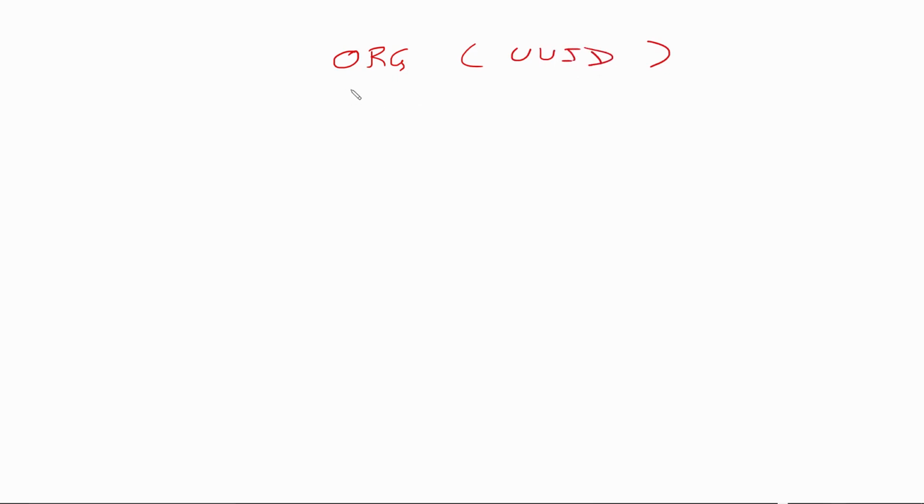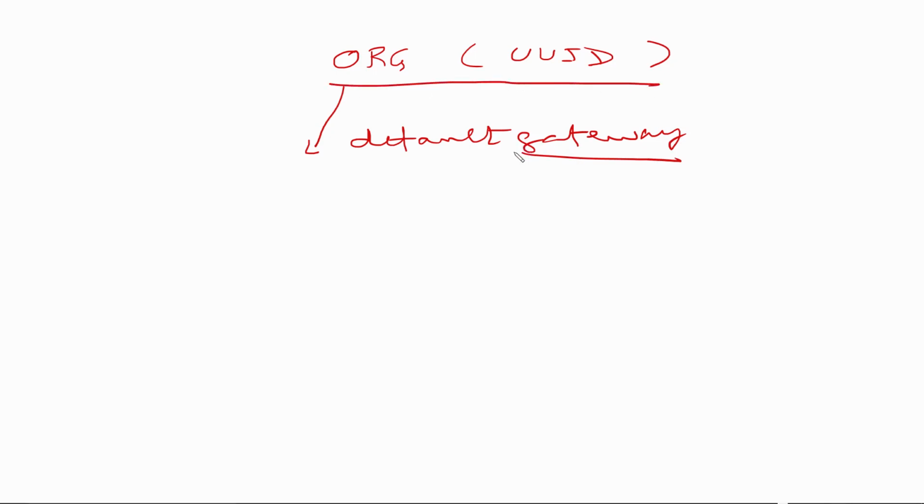Initially there is a gateway, your default gateway that's created. So you have an org created, you have a gateway created.